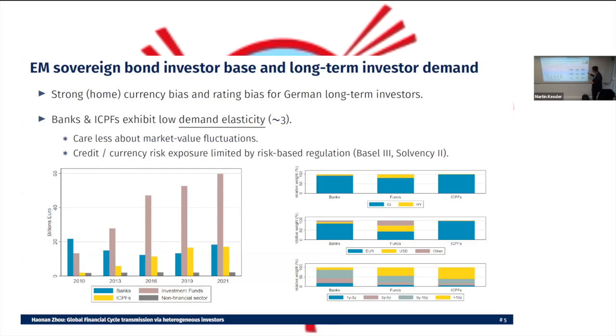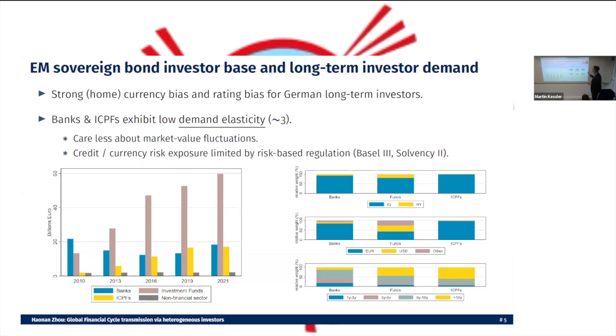One thing I want to mention is that this is not only true for Germany. If you look at administrative data for France, this is also true: insurance companies and pension funds basically hold 100% of their emerging market sovereign portfolio denominated in euros.